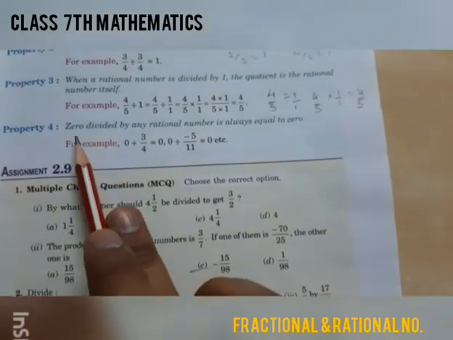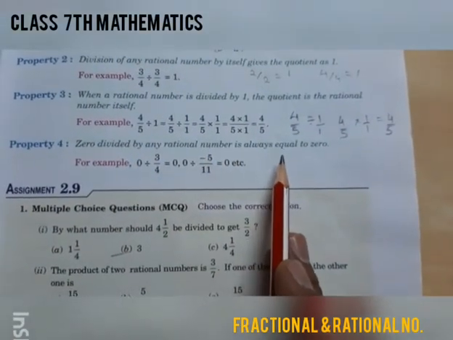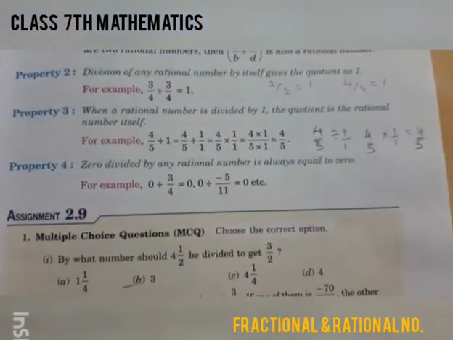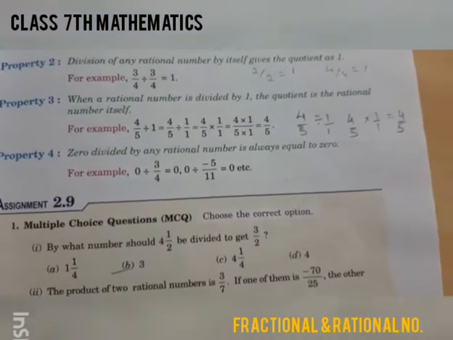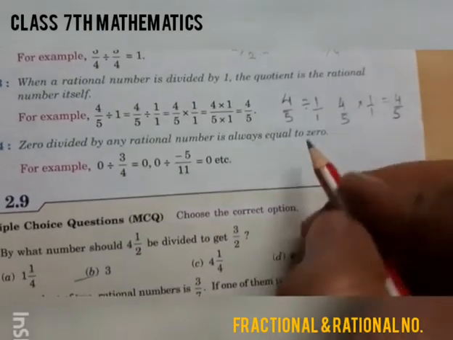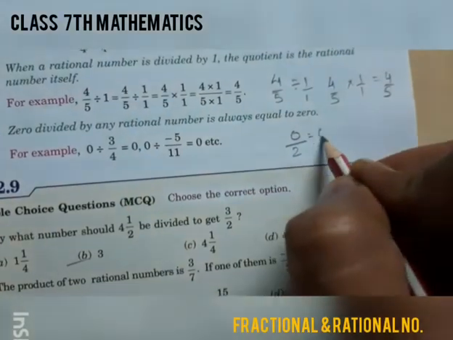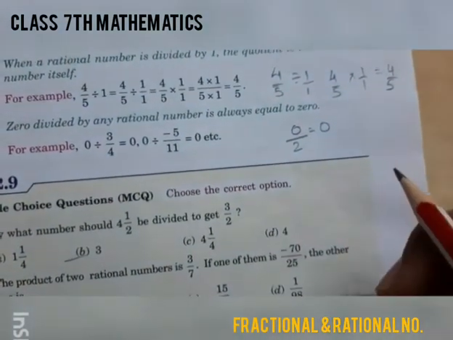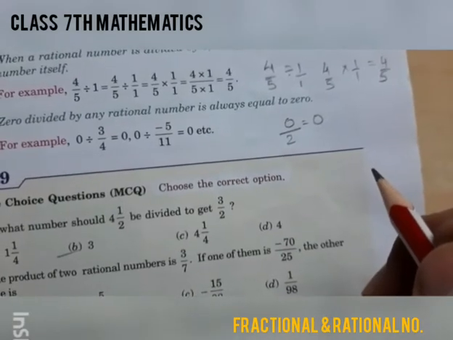Now last property, 0 divided by any rational number is always equal to 0. If you remember, during exercise 1.2 also I told you that if 0 is divided by any number, the result is always 0. And if any number is divided by 0, then the result is not defined.